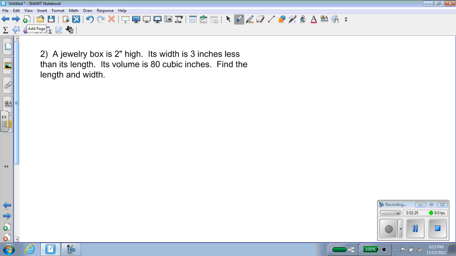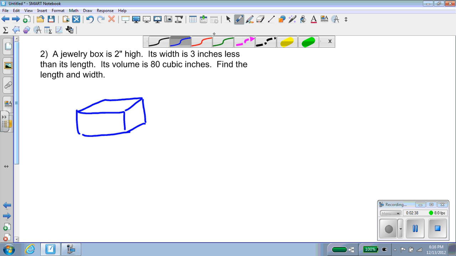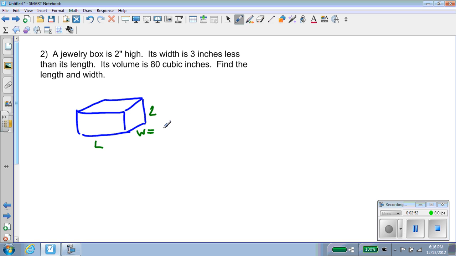A jewelry box is 2 inches tall, and its width is 3 inches less than its length. So if I make this the length, then the width is 3 inches less than the length.